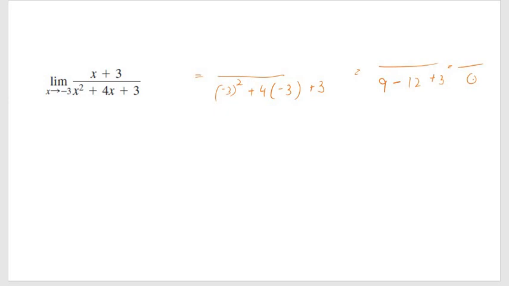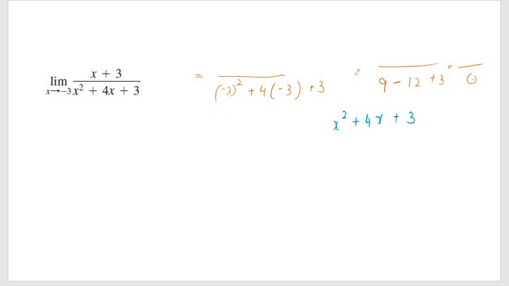So let's factorize the denominator because there is nothing to do in the numerator. We can't factorize or bring any common terms out. So let's look at the denominator. We will write it as x squared plus 4x plus 3.